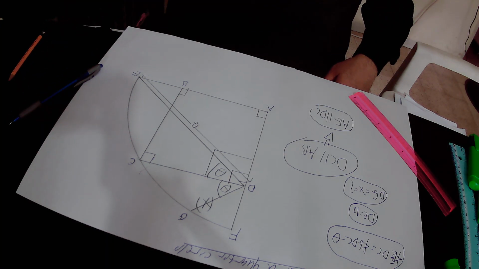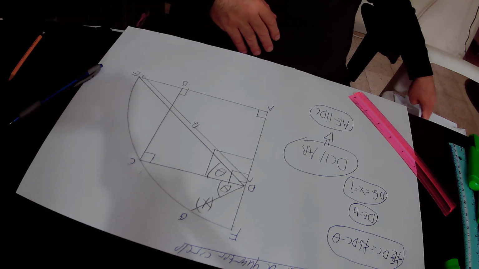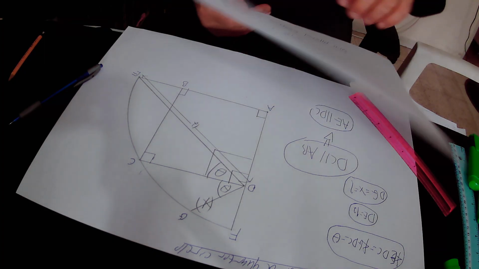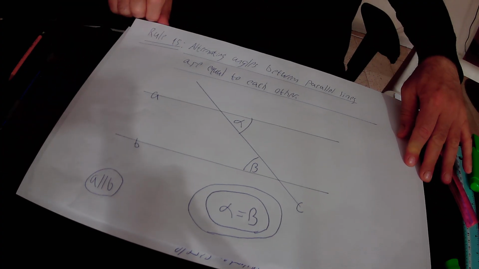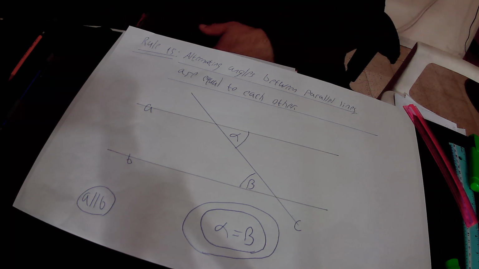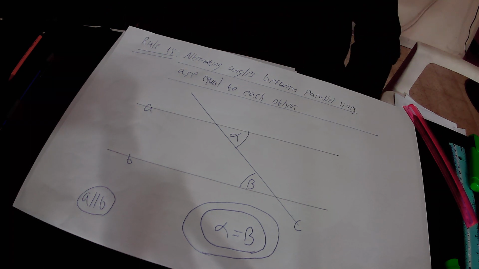You can actually implement in this drawing rule 15. I'll repeat quickly rule 15. Alternating angles between parallel lines are equal to each other.